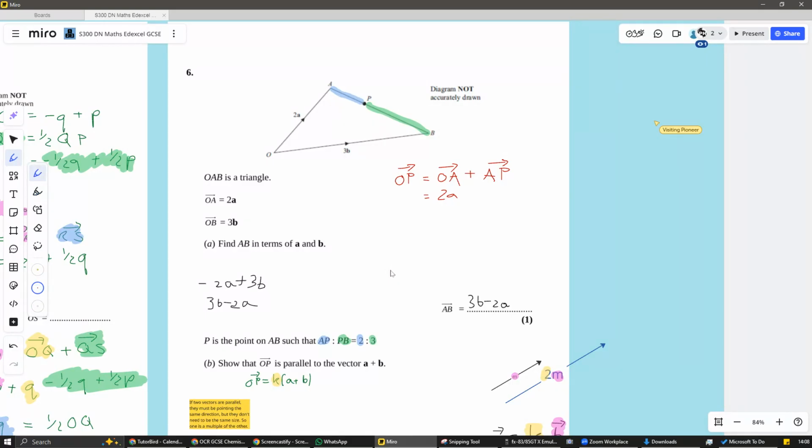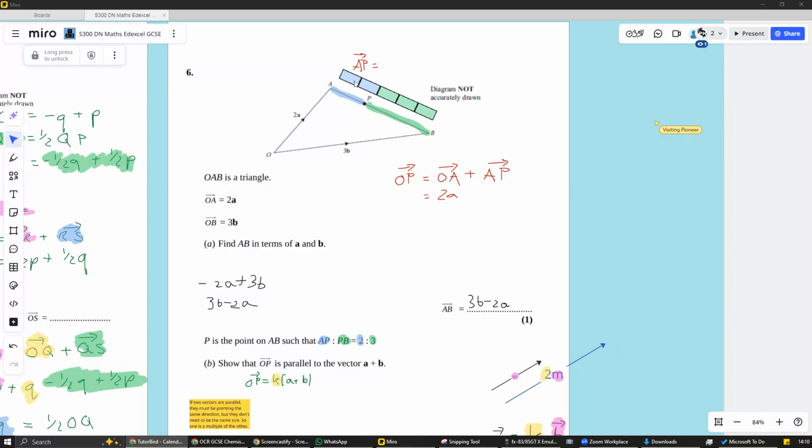So that if A to B is 5 parts total, then A to P is going to be equal to... I'm going to make a sort of diagram to show what I'm saying, just in case it's not clear.